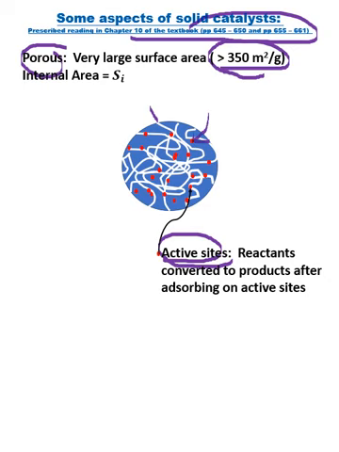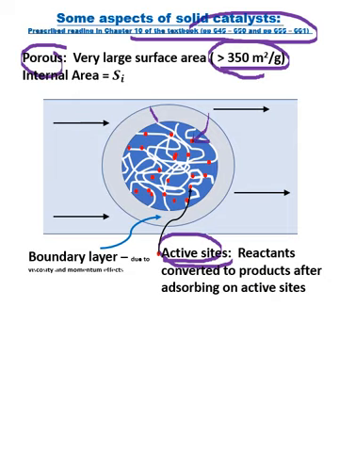For instance, in many cracking reactions, the reaction is catalyzed by an acid-like functional group that is supported by a metal oxide structure. When these catalysts are placed in a reactor, the flow conditions may result in the formation of a stationary boundary layer.